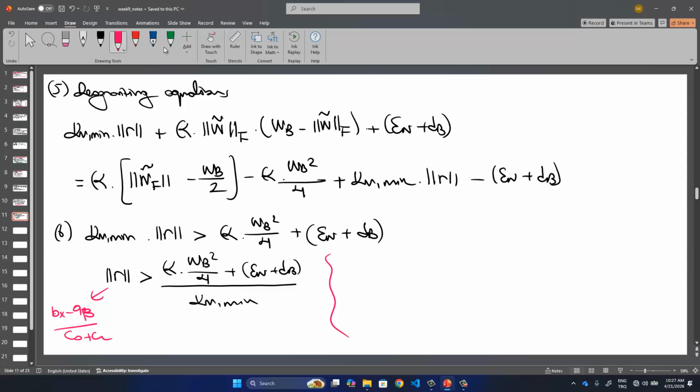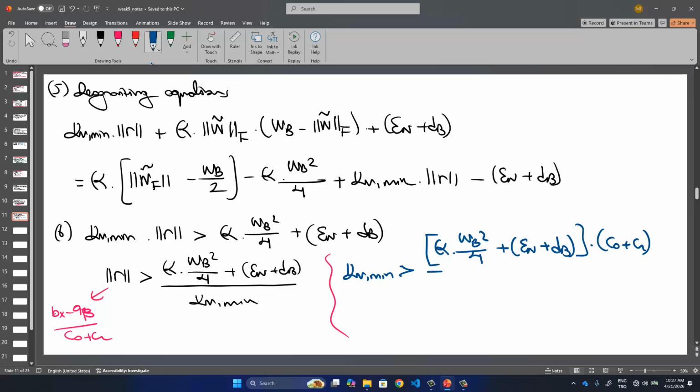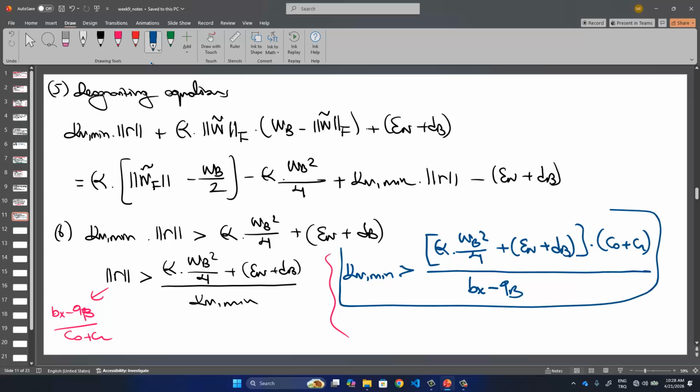And in the last case, we get the K_V min value is greater than (kappa times W_B squared over 4 plus epsilon_N plus d_B) times C0, C2 divided by (B_x minus Q_B). Okay? This is our final case and final formula for this case.